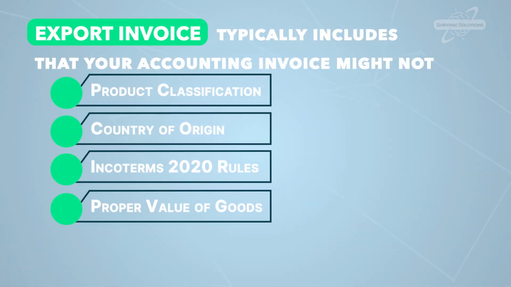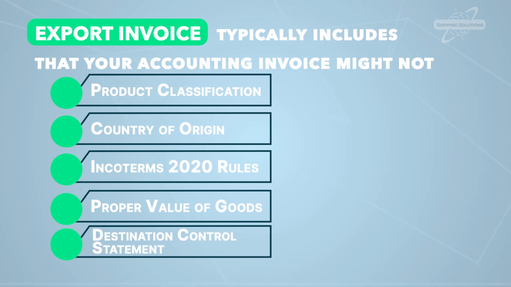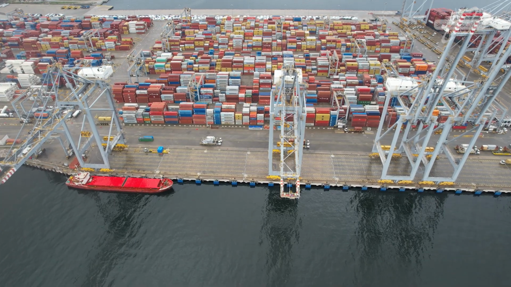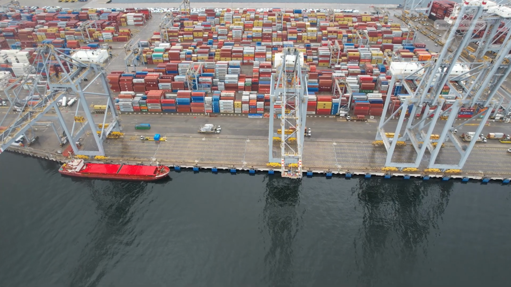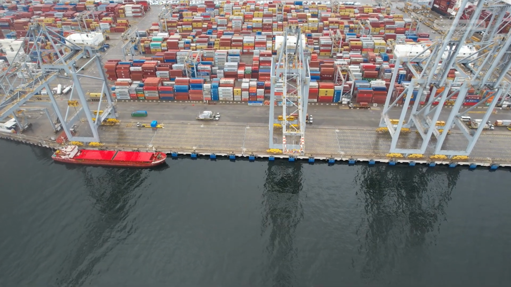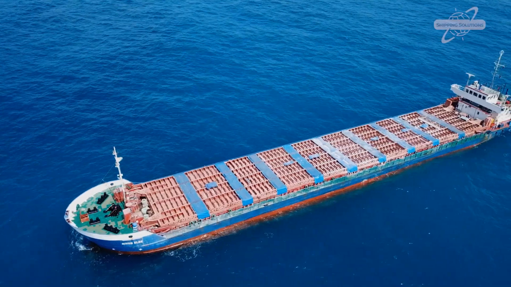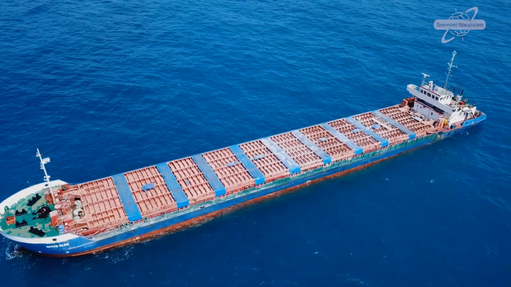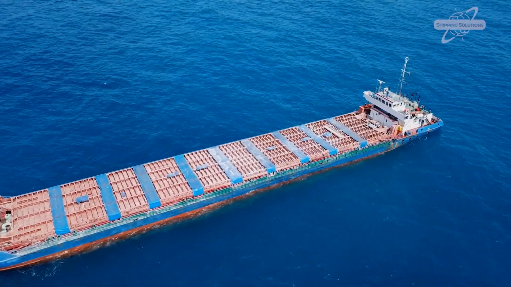The true value of the goods, even if they're free samples. Export invoices need this for customs purposes. A destination control statement, which is a legal statement required for items controlled under the EAR or ITAR, stating that the goods you are exporting are destined to the country indicated in all the shipping documents. This is not required on every export invoice, but it is allowed, and it is considered a good practice.